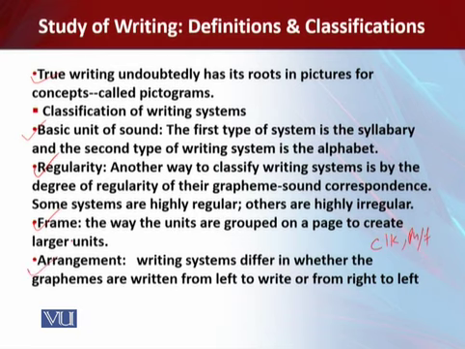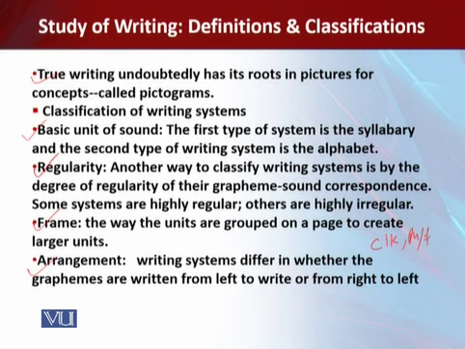Then we have arrangement. Writing systems differ in whether the graphemes are written from left to right, as in the alphabets of Europe, or from right to left in Urdu or Arabic, or alternating like some forms of ancient Greek style, which is also known as Boustrophedon.